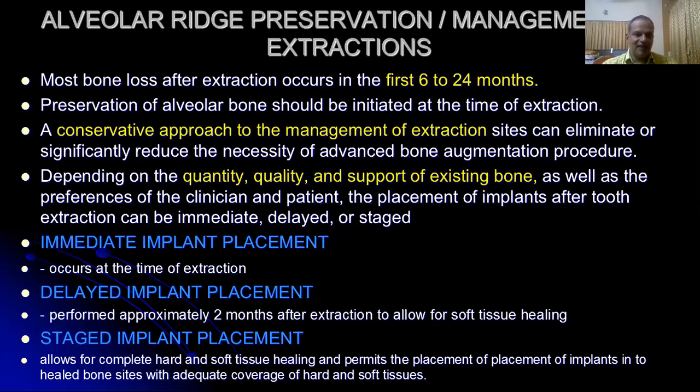Apart from that, it will have some more advantages, such as the management of soft tissues becoming easier, because delayed implant placement, which is done 2 months after the extraction, allows the soft tissues to completely cover the extraction wound, and the soft tissue management becomes easier. Mucogingival surgeries or soft tissue augmentation procedures can be avoided with the delayed implant placement.